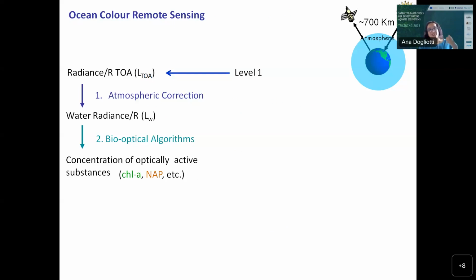In general, this top of atmosphere radiance or reflectance is called level 1 in the images you will get, while after the atmospheric correction, the water reflectance or radiance and the concentration or different products are within what we call level 2.